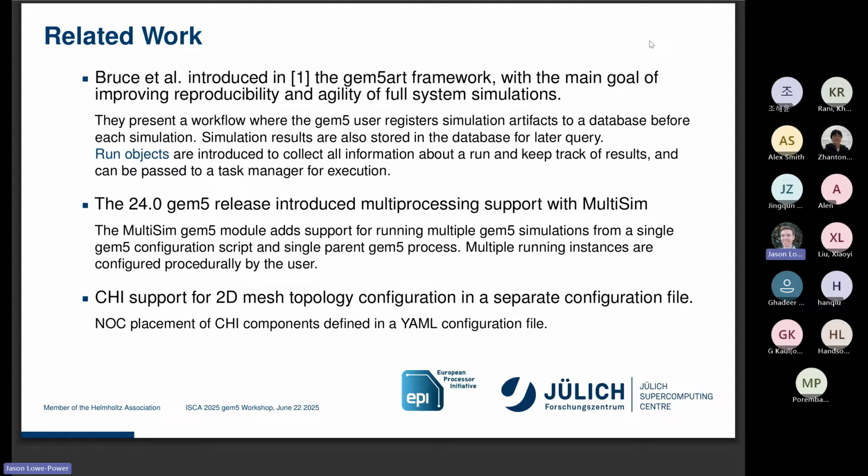There's also the multi-sim model introduced in Gem5 24.0 to give you a way to manage multiple simulations. And also the original CHI implementation for Gem5 had a way to configure the topology using a separate YAML configuration file.